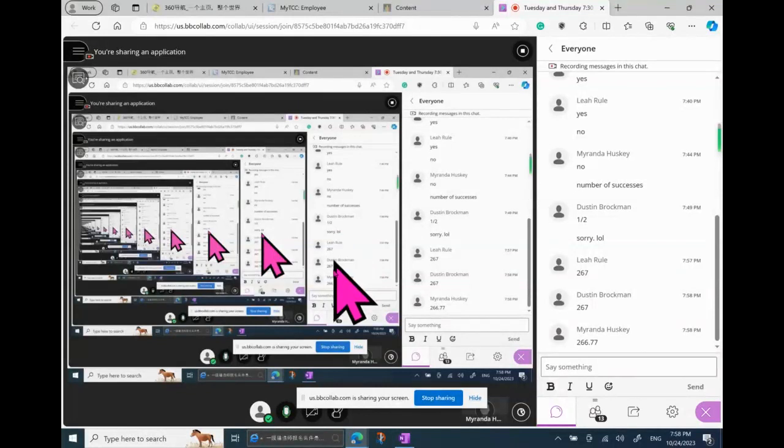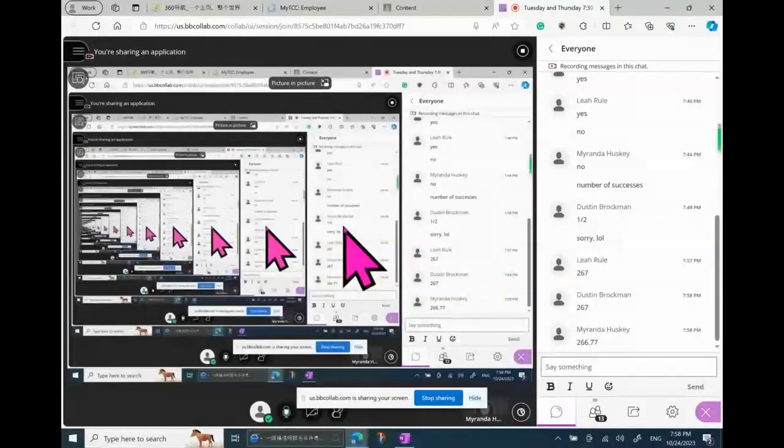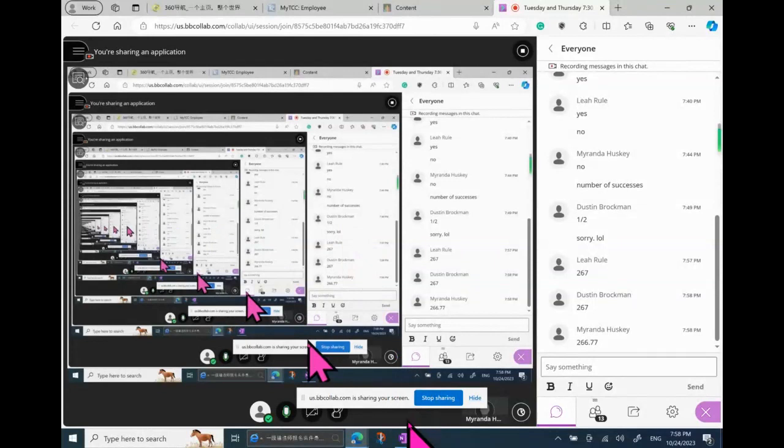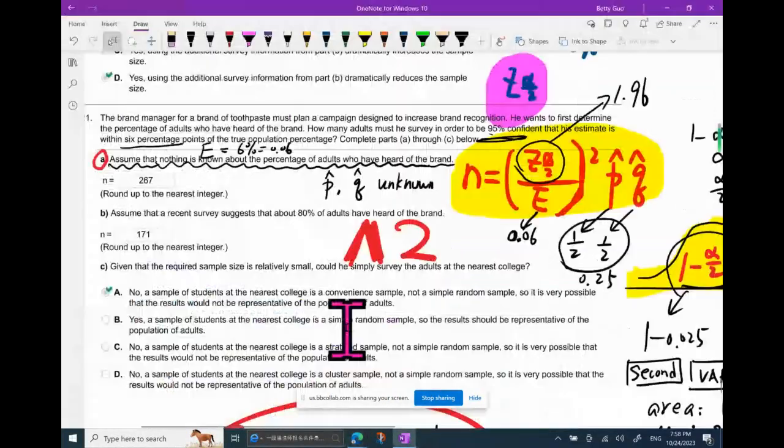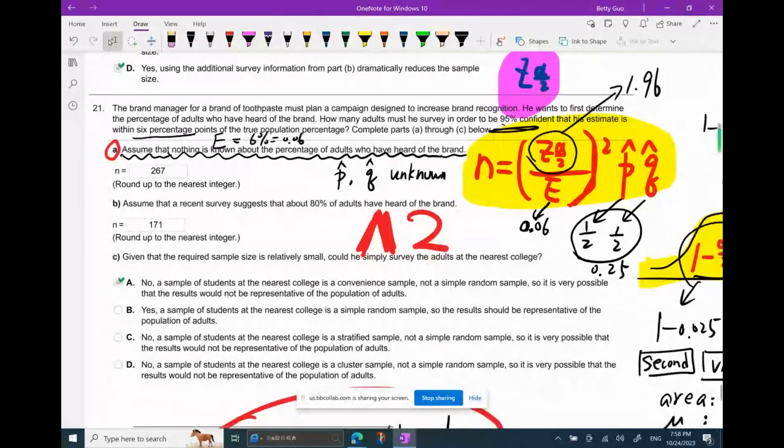It is that we always have to round it up, even if the decimal we got is 266.001. You see what I'm talking about? Always round it up. Otherwise, you will have one subject short to guarantee your confidence level interval process.